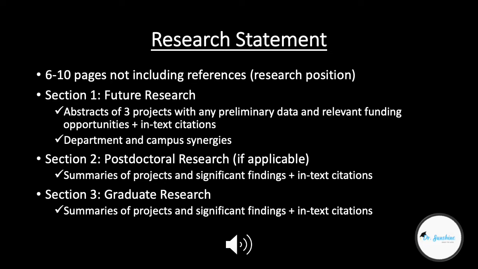And that leads me to my next point about department and campus synergies. So once you've laid out your plan for future research as a member of that department, you're going to want to talk about the synergies that exist or that would exist with your lab and other people on campus.